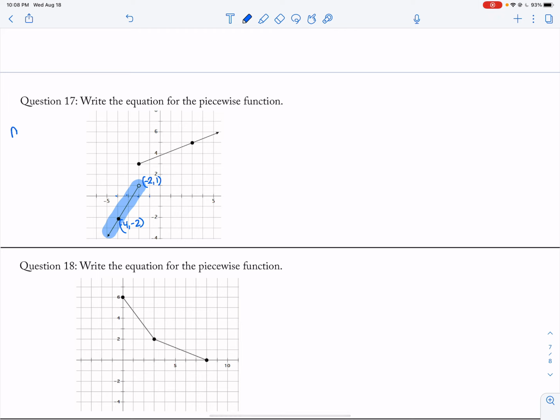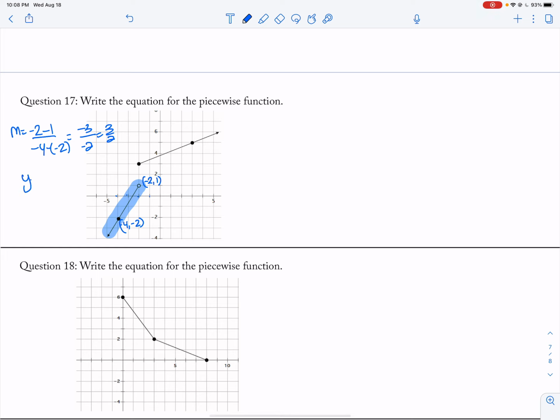Okay, so m is equal to -2 minus 1 over -4 minus -2. So I get -3 over -2, so I get 3/2. Then I would just use one of the coordinate points, which I can use -2, 1.